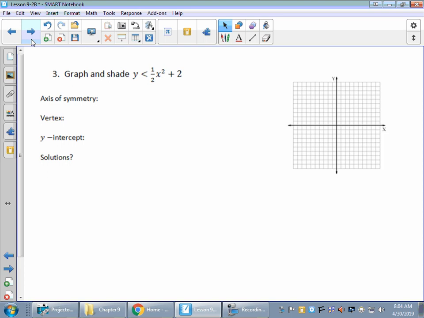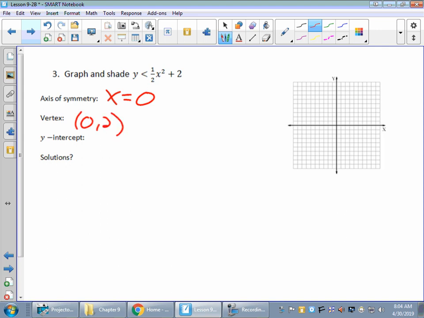Okay, so first thing we're going to do is, we can also think this is kind of in vertex form already, so use that to your advantage if you can, because again we're going to have x equals 0 because there's no b value, and then you should be able to figure out that your vertex would be 0, 2.